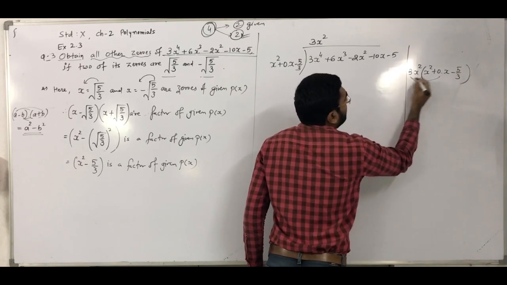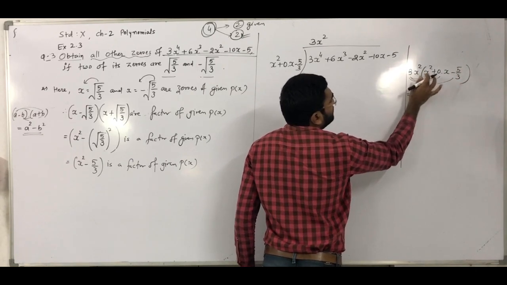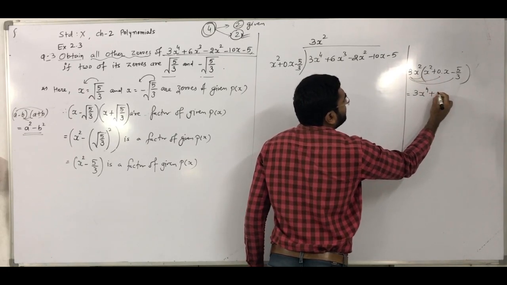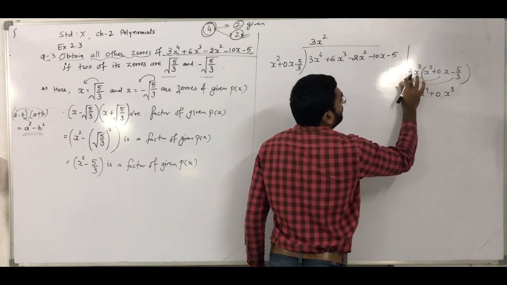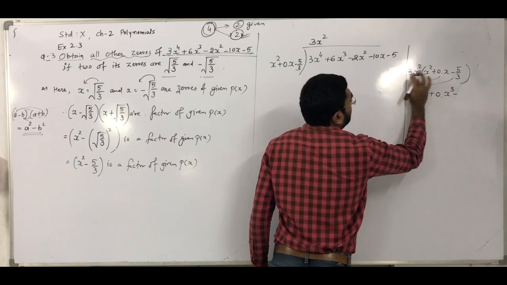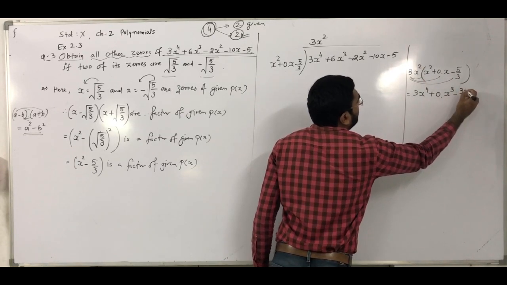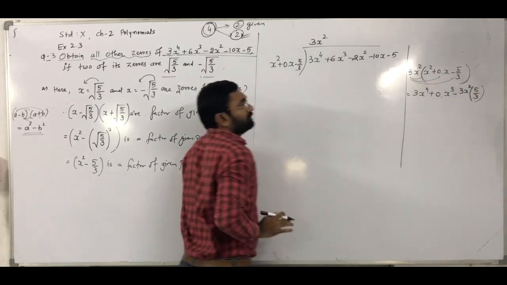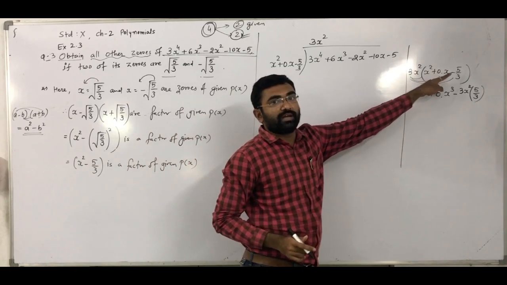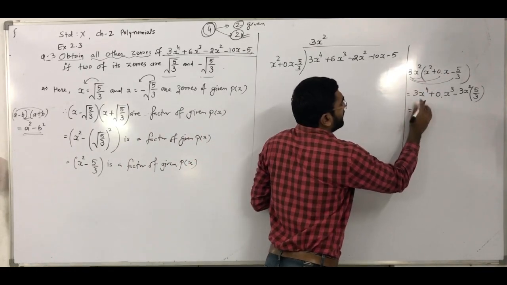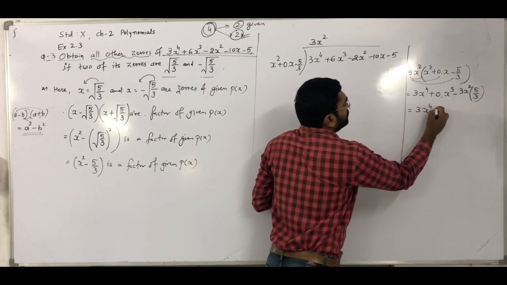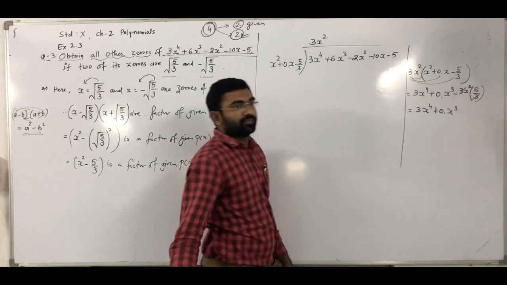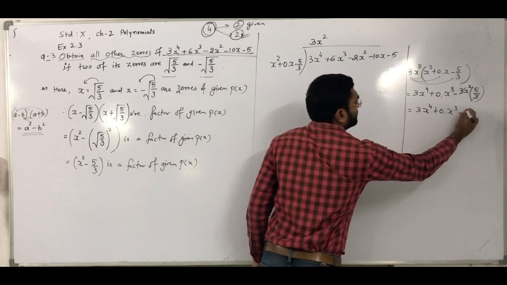If you multiply inside all these three terms, 3x square into x square is 3x raised to 4, 3x square into 0 into x gives 0x cube. Now minus, 3x square into 5 by 3, that is important. So these two terms as they are, 3x raised to 4 plus 0 into x cube, but here 3 cancels out, so we get minus 5x square.